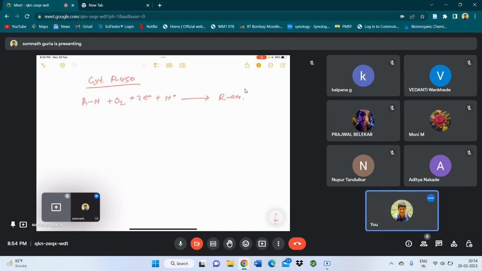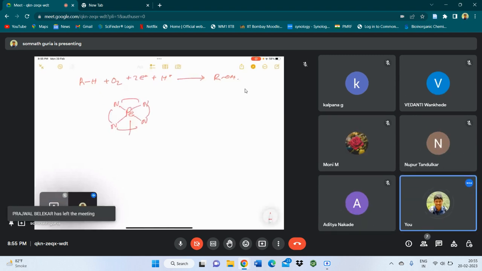Now this is iron cytochrome P450. Its structure is also an iron heme unit, with a different axial ligand than catalase and peroxidase. Here cysteine is present, and this is the weakly bound OH molecule.